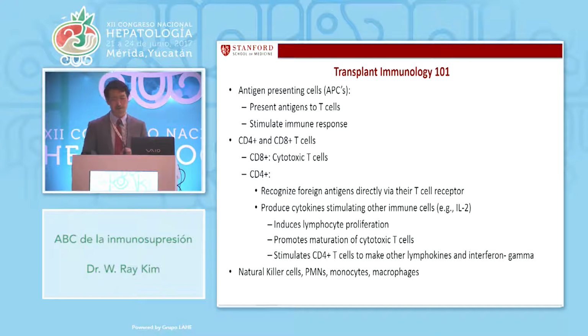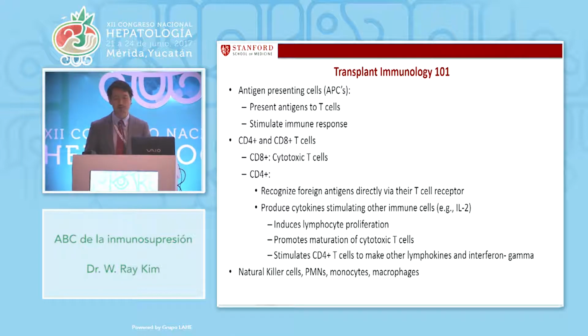The second components that are very important are the T cells. They are either CD4 or CD8 positive. CD8 cells in this context are cytotoxic T cells, and CD4 cells are helper cells, which recognize foreign antigens by their T cell receptor. It produces cytokines stimulating immune cells, such as IL-2, which induces lymphocyte proliferation.